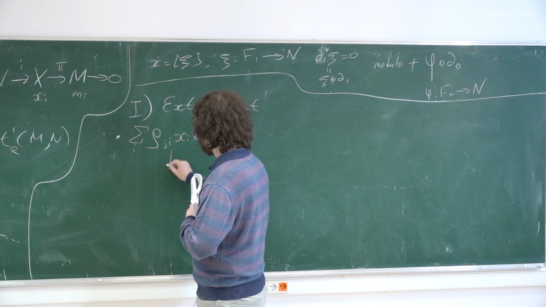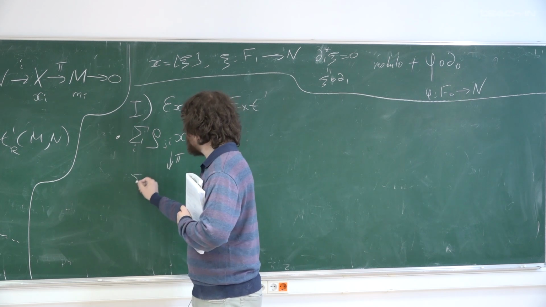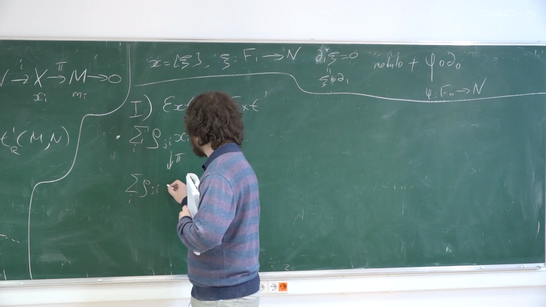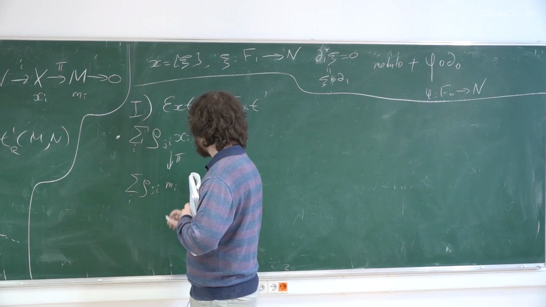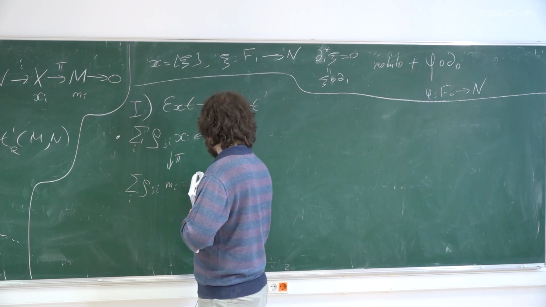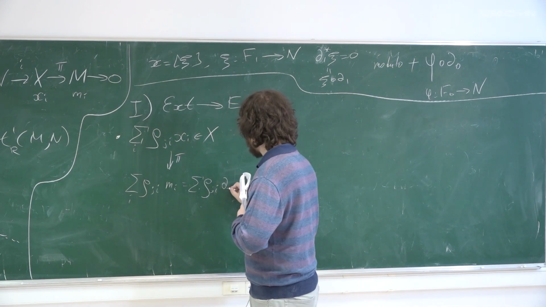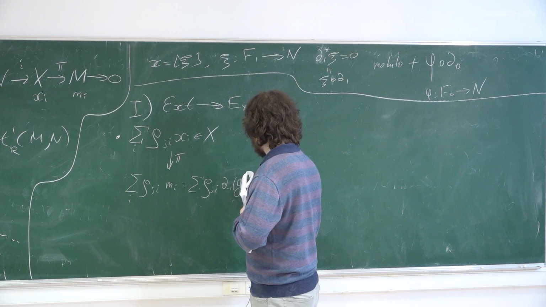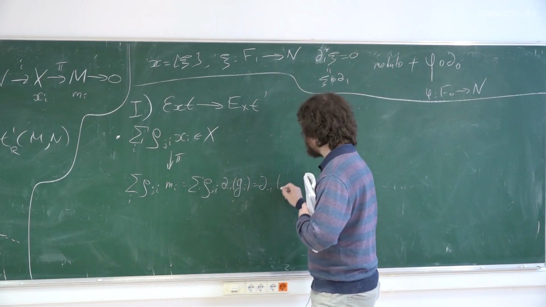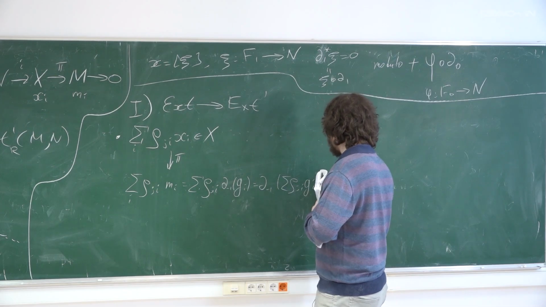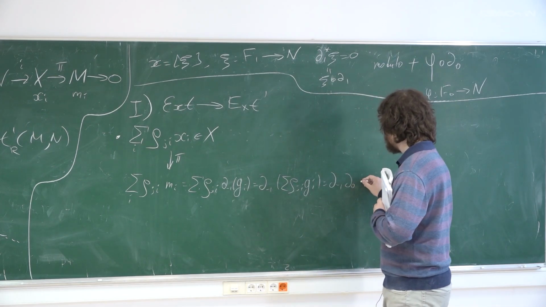If I apply pi, it goes to rho ji mi. But this thing is rho ji of z minus 1 of gi. This is z minus 1 of rho gi ji. This is d minus 1 of d0 of rj.